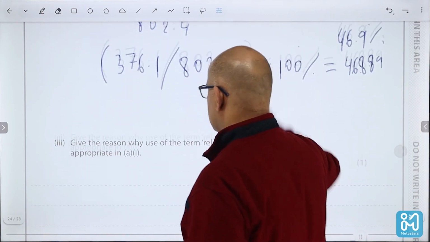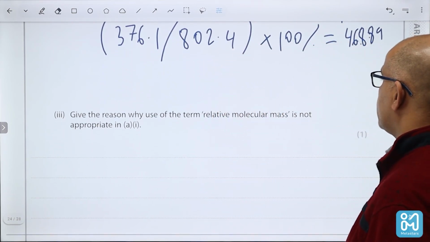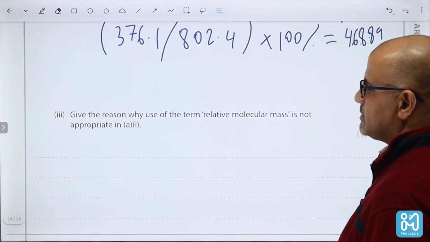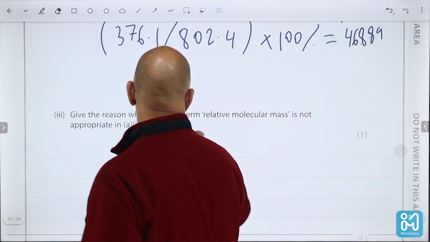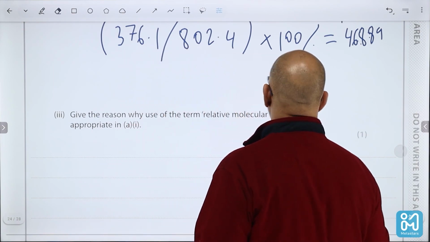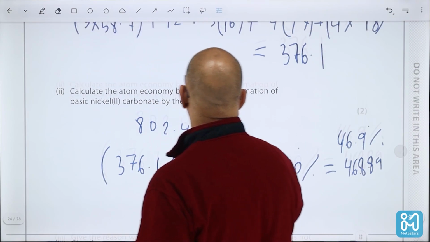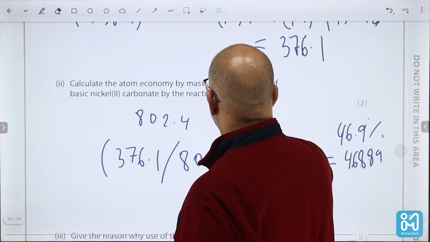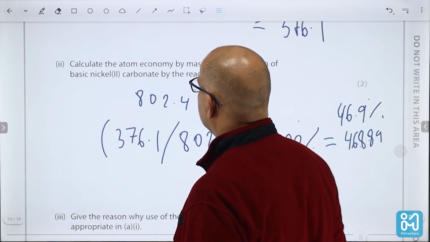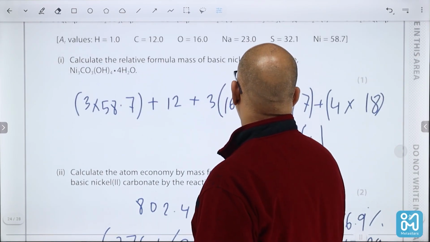And give the reason why the use of the term relative molecular mass is not appropriate for nickel 2 carbonate formed by the reaction shown.